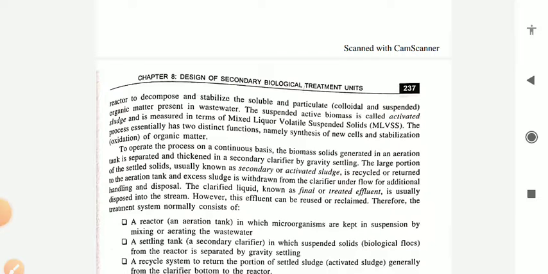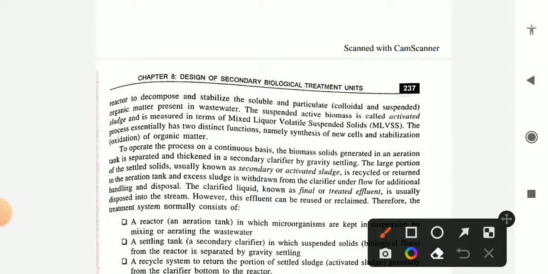The process essentially has two distinct functions, namely synthesis of new cells and stabilization of organic substances. So the process has two functions: first is synthesis of new cells, and then stabilization of organic matter, or we can say oxidation of organic matter. Those are the two functions.